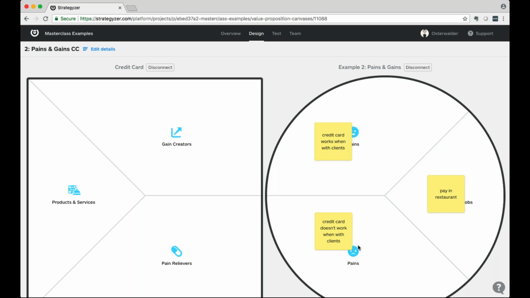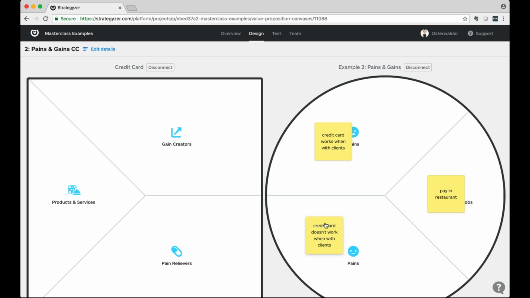Okay, so here one pain is, well, if the credit card doesn't work with clients, that's a real pain, right? Anybody who's been in that situation, doesn't matter if you have enough money on that credit card or not, you just don't look very smart, right?